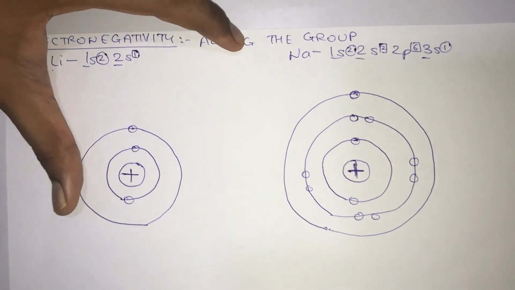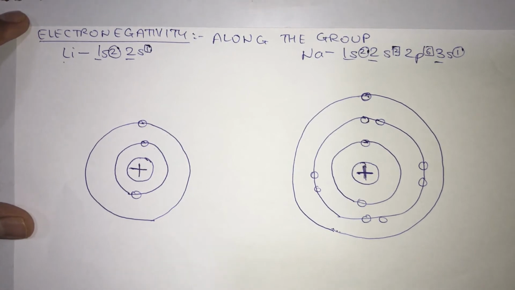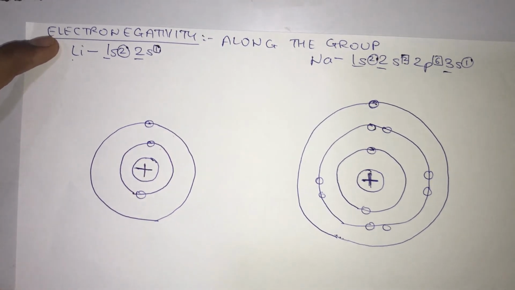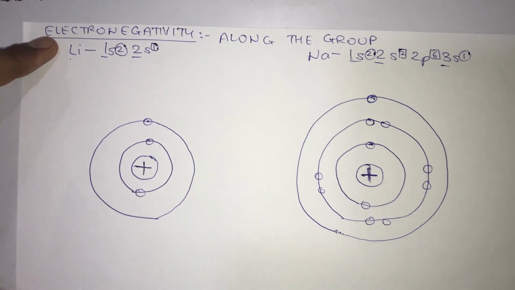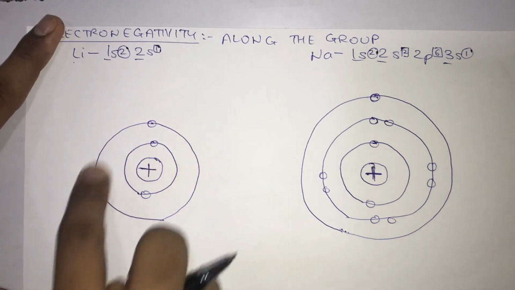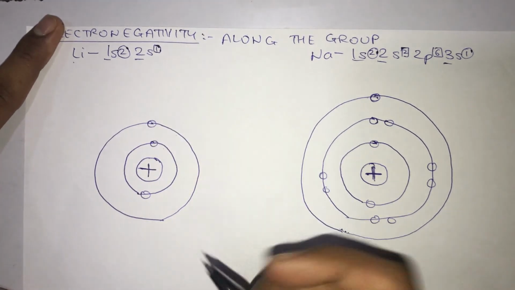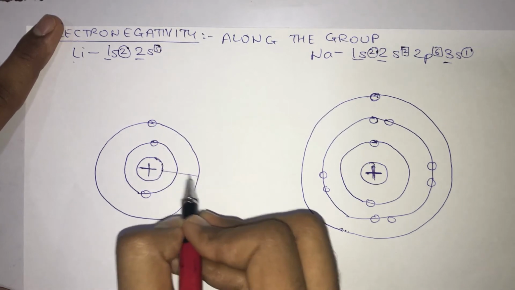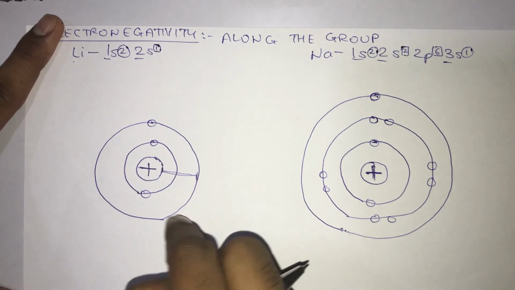Now, what does our definition of electronegativity tell us? Electronegativity is nothing but the ability of an atom to attract the electron towards itself. So can I say, since this lithium is smaller, that is it is small in size, the nuclear charge has to cover a lesser distance to attract an electron which is present somewhere nearby to it.